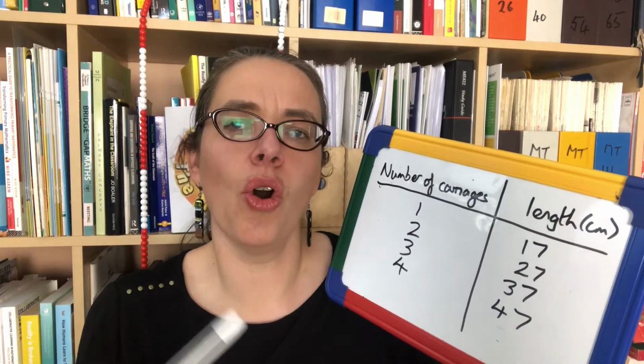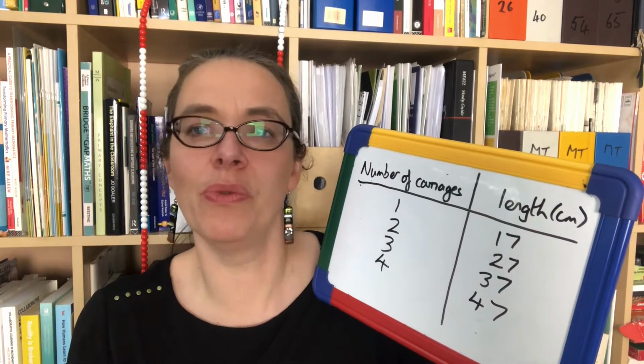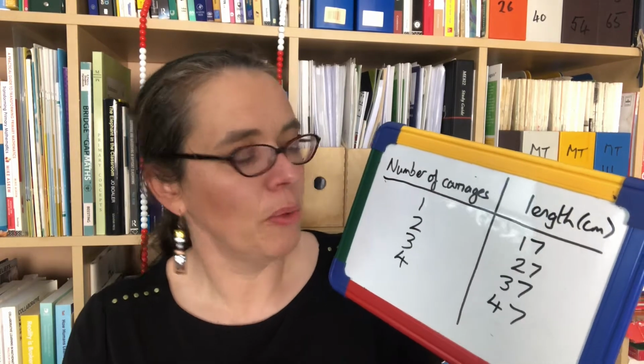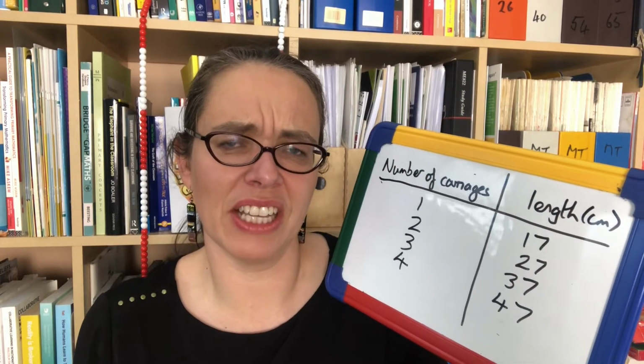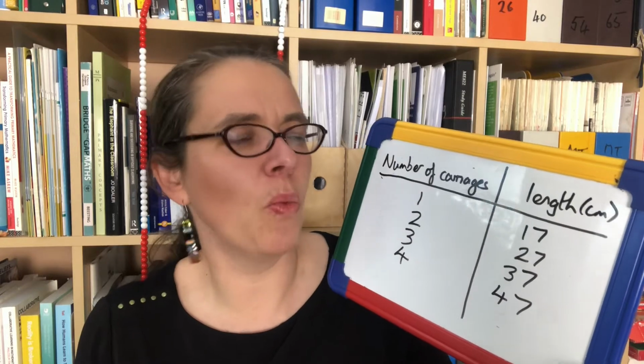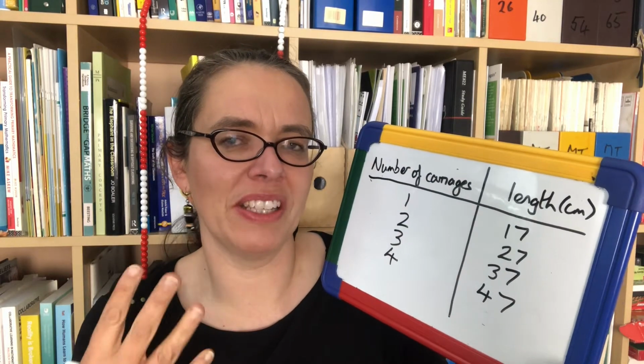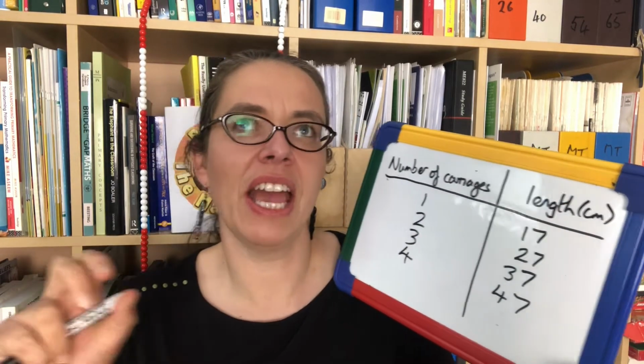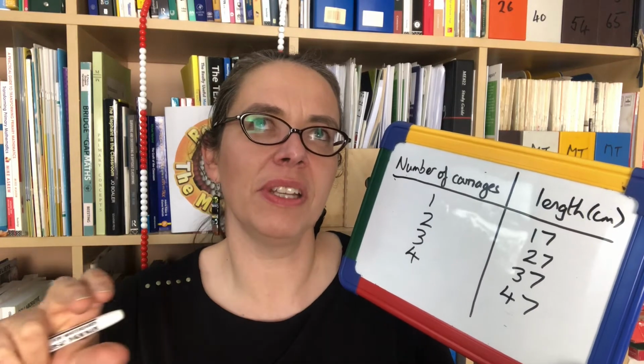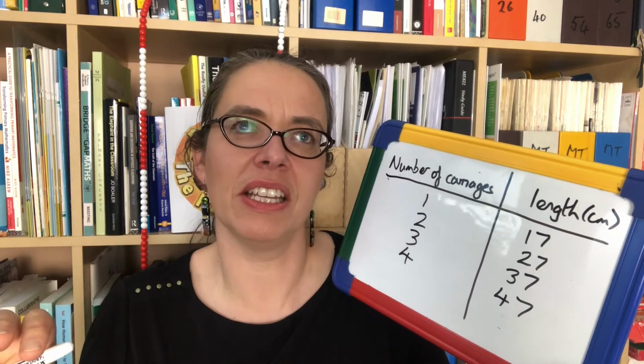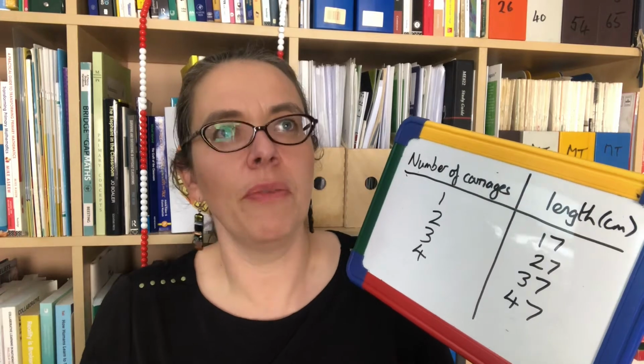Step 2 is to talk about what's going on, and a really powerful way to do that is to say, well, if we had a train with 10 carriages, how long would it be and why? And the children need to express their reasoning. Well, we'd have 10 carriages of 10 centimetres each, so that'd be 100 centimetres, and the engine, so it'd be 107 centimetres.